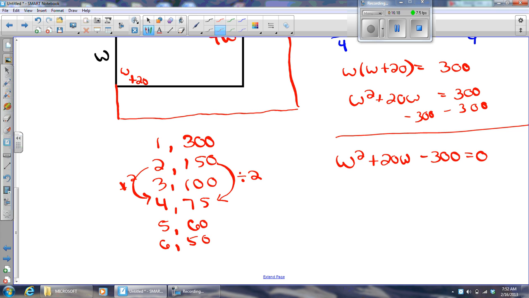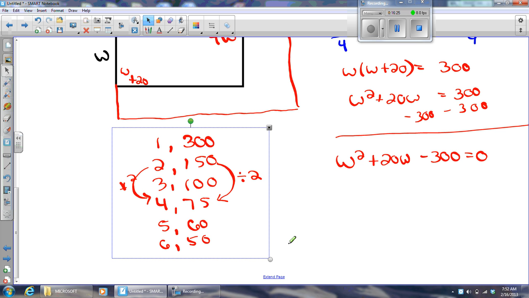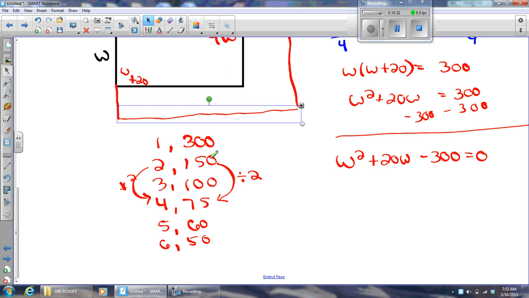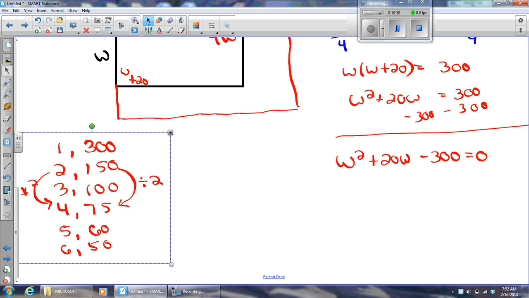Oh man, I'm still going on these factors. It's crazy. Let me group these over and get them out of my way, because none of those are going to work, right? There we go. Okay, so I'm going to pick it up.